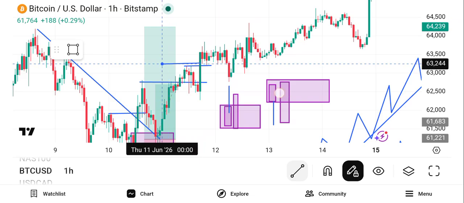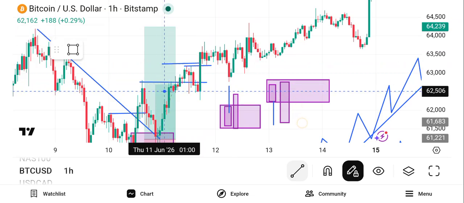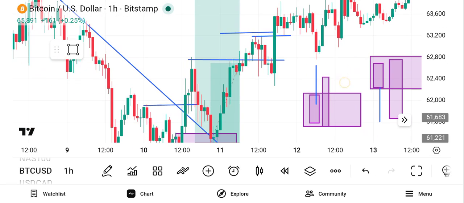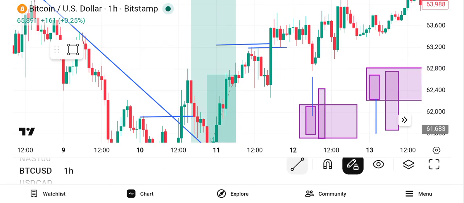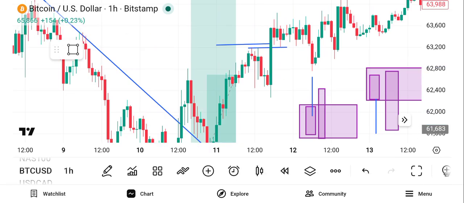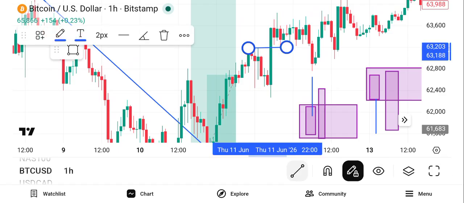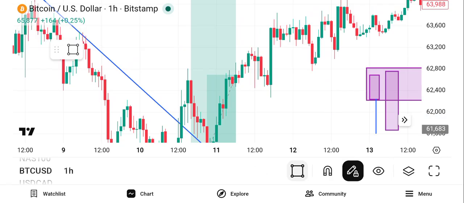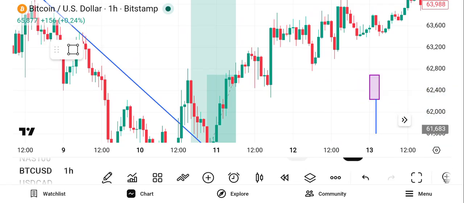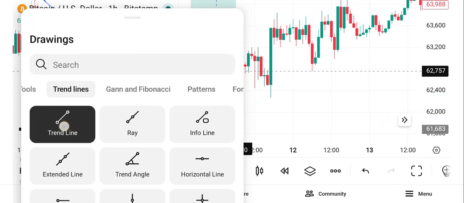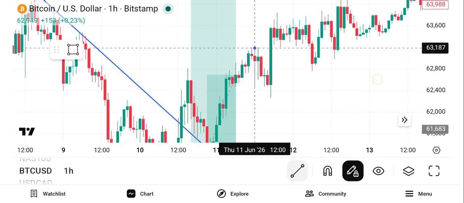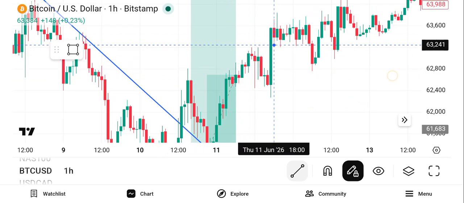Now, this is a valid inducement. If you look down, the market took out this level here, took out this zone here, and then took out this zone here, then gave us our inducement.